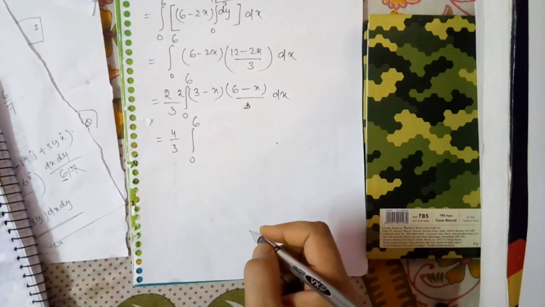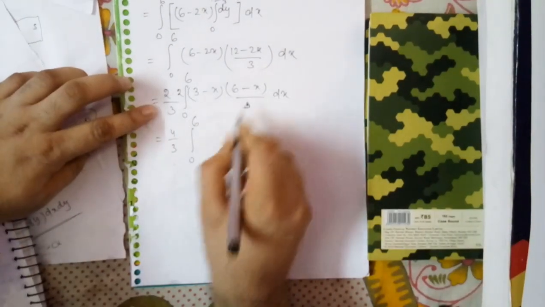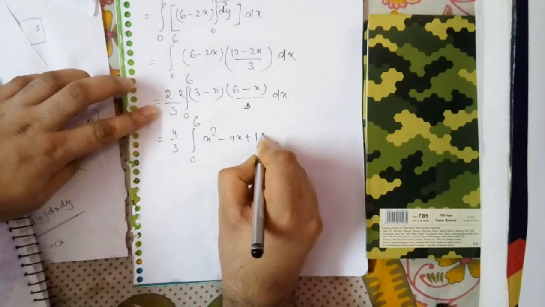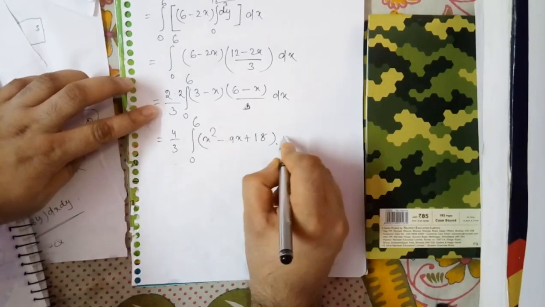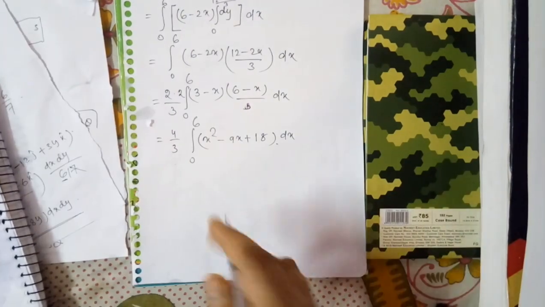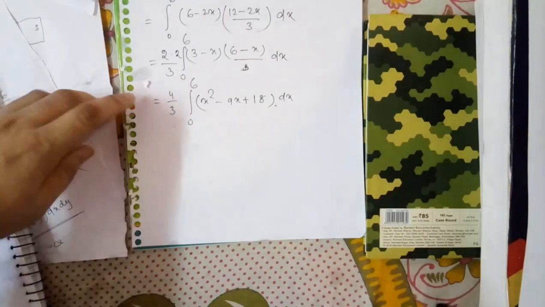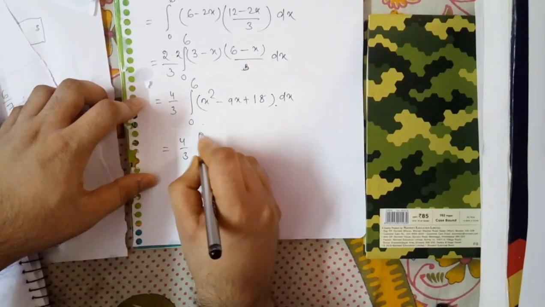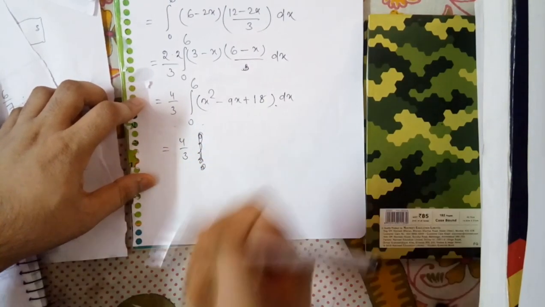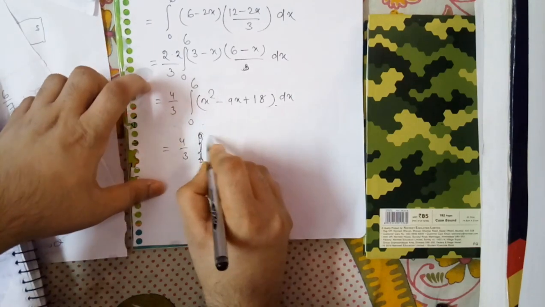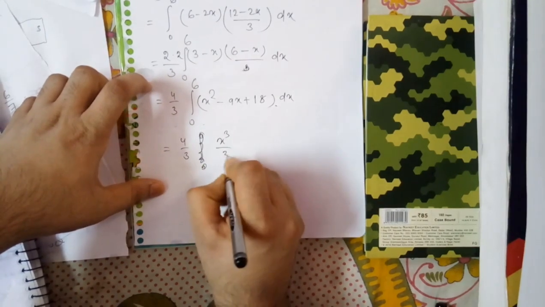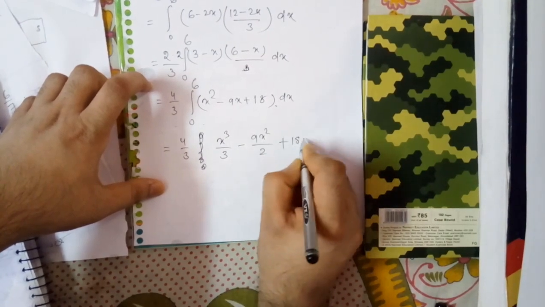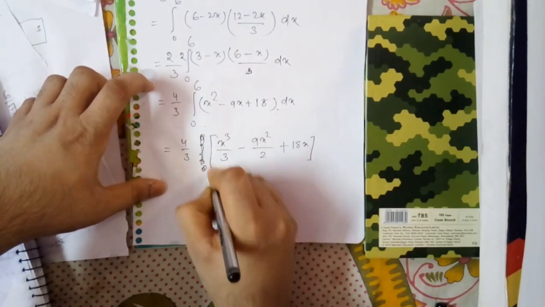Now we just simply multiply it, so this will become x square minus 9x plus 18. So 4 by 3, x square is x cube by 3 minus 9x square by 2 plus 18x.